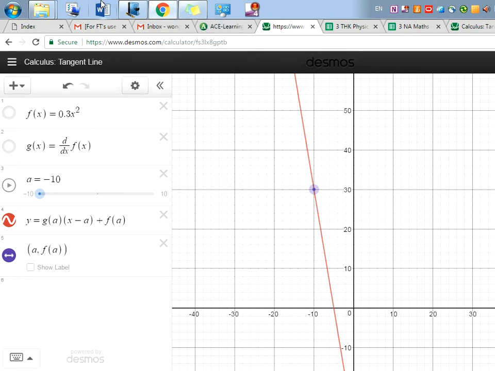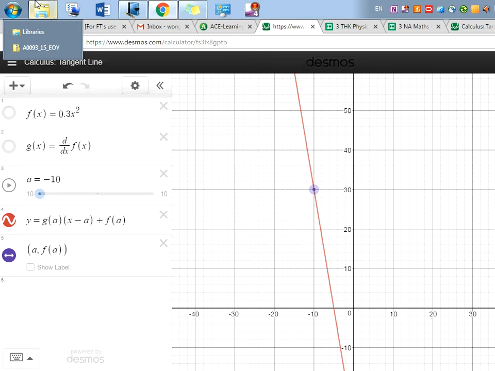Draw one line. This is my tangent line at E. It touches only. This yellow line that was given in your textbook, L4, is an example of a wrong tangent line because it is cutting the curve. It is not a tangent.